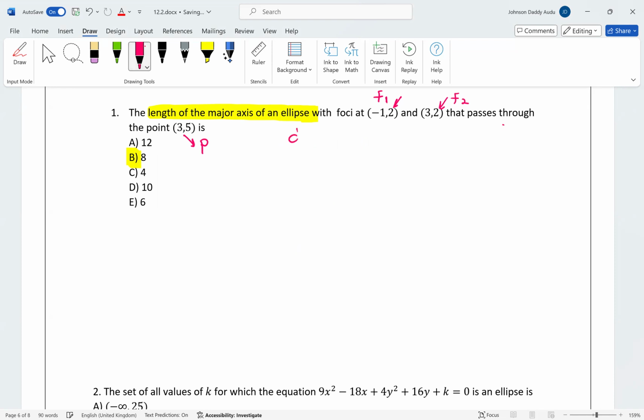We said for an ellipse, the sum of the distance between any point and the first focus, and that same point and the second focus, is always a positive constant, which is actually 2a.